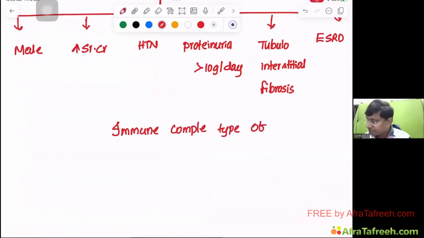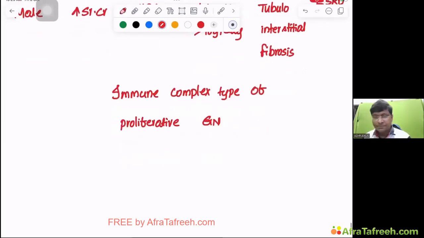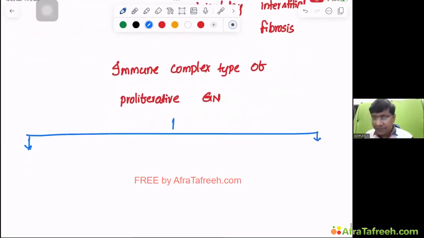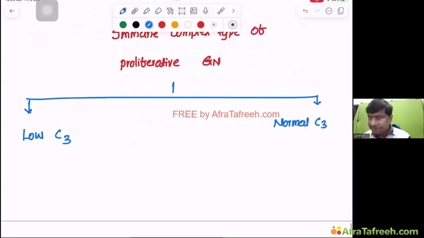Right? Immune complex type of proliferative glomerulonephritis. So, you need to know the conditions where there is low C3 levels, and you need to know the conditions where there is normal C3 levels.